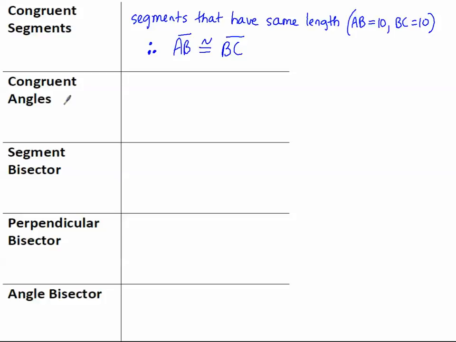Congruent angles, similar to congruent segments, but these are angles that have the same measure. Angles that have the same measure are congruent angles.